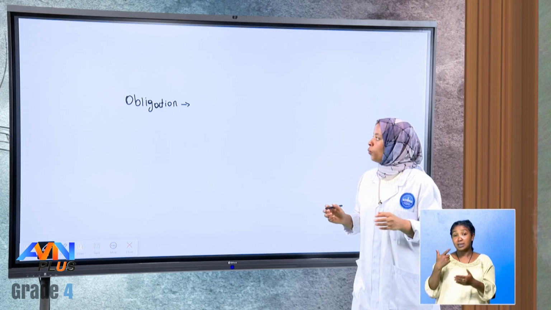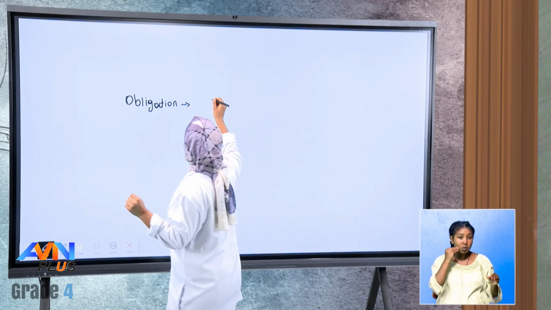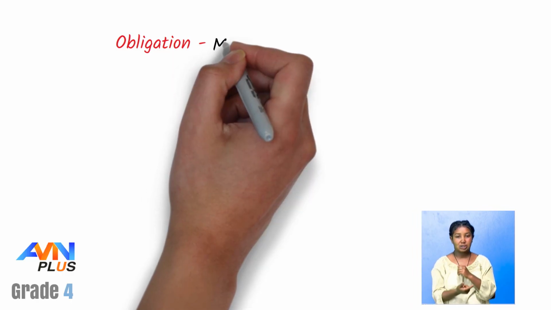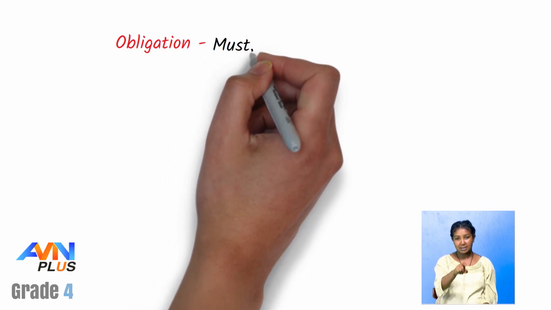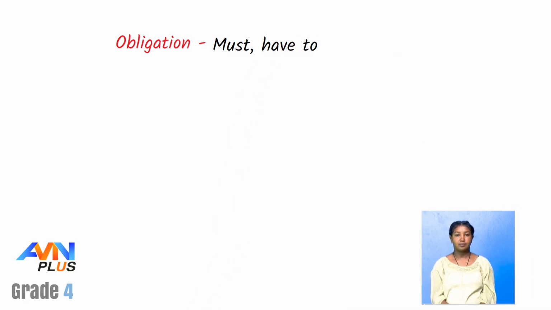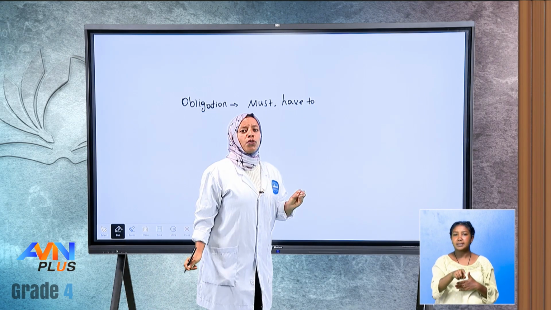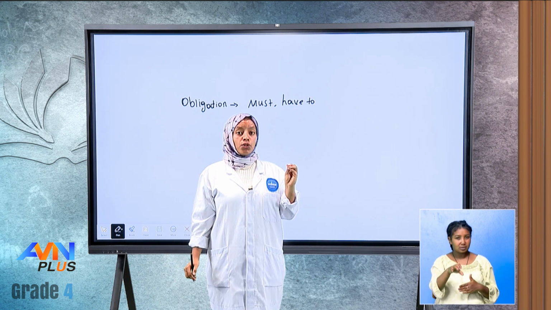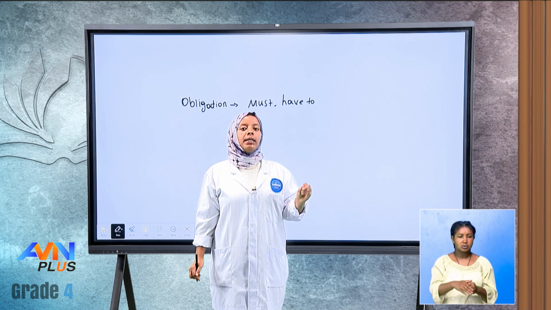Maybe in the classroom, when you are not doing your homework too. For example, we can use here must and also have to. Here, must is used for a strong obligation, a strong instruction.